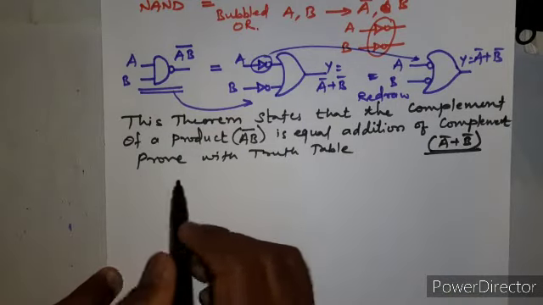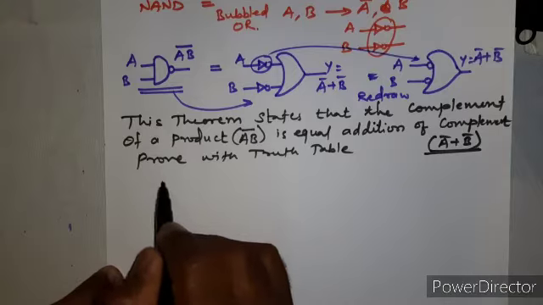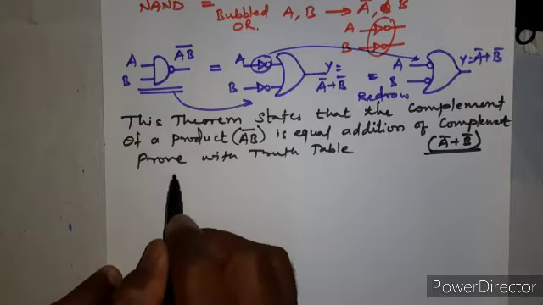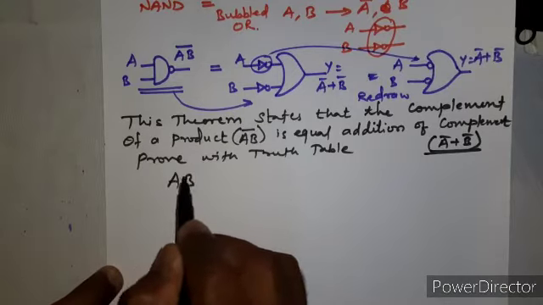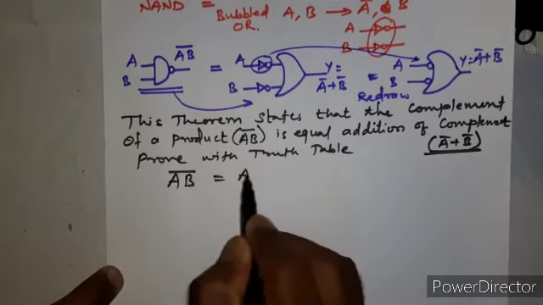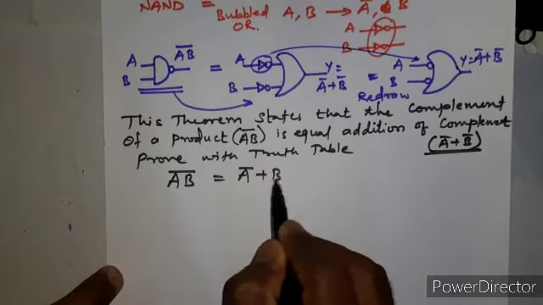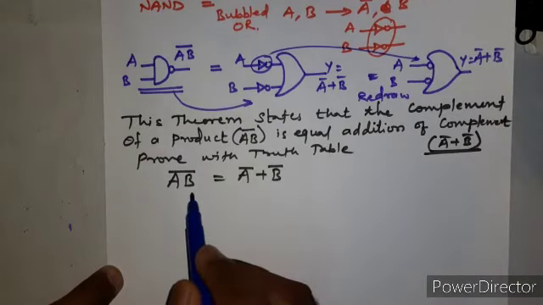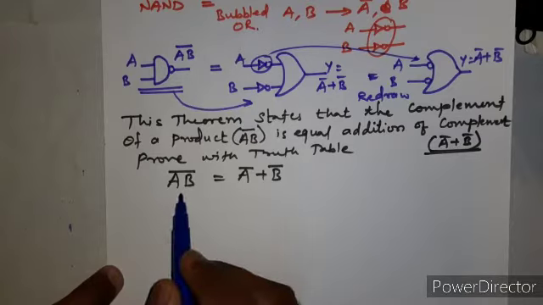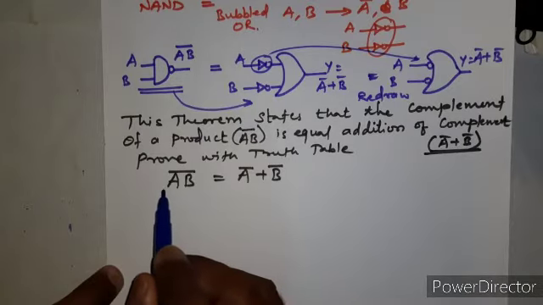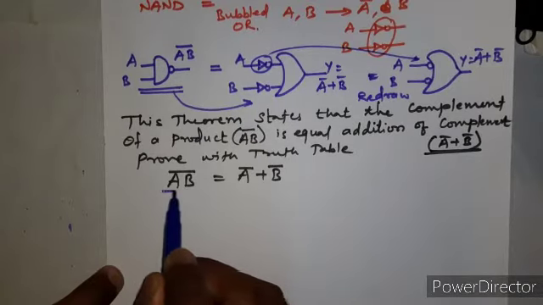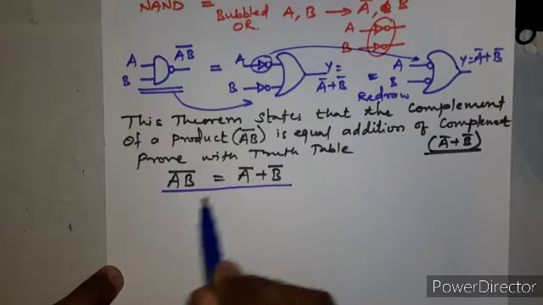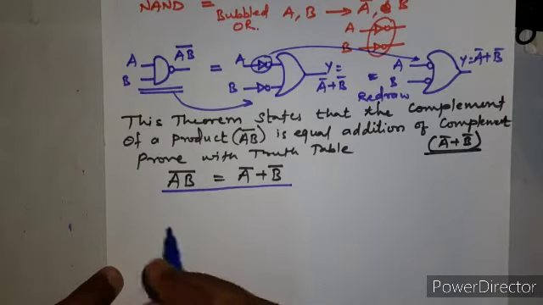Now for the truth table, I'll just write down that equation so as to understand. So this is AB whole bar equal to A bar plus B bar, right? Now for the truth table we need to consider every single entry of this equation. So let us see what I mean.